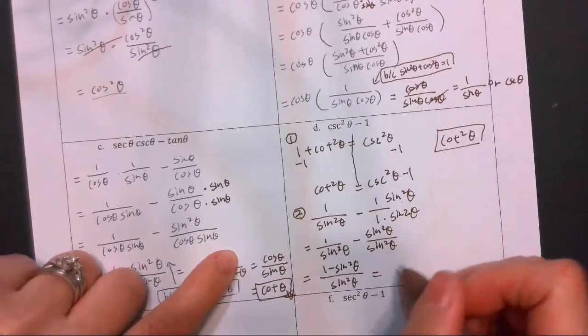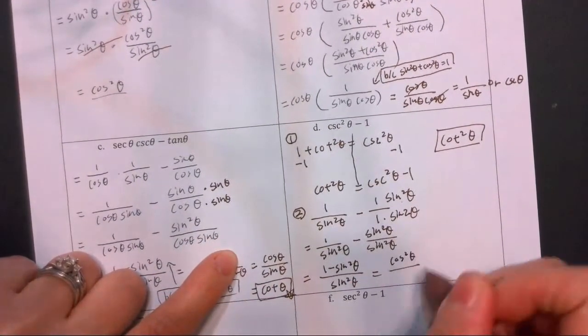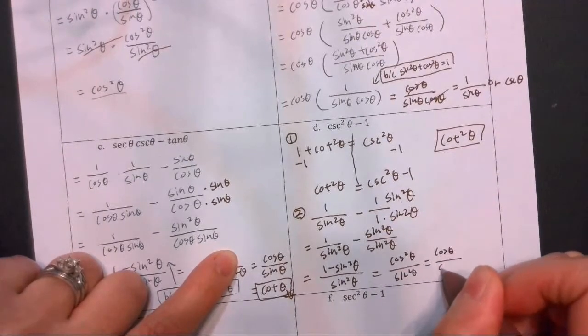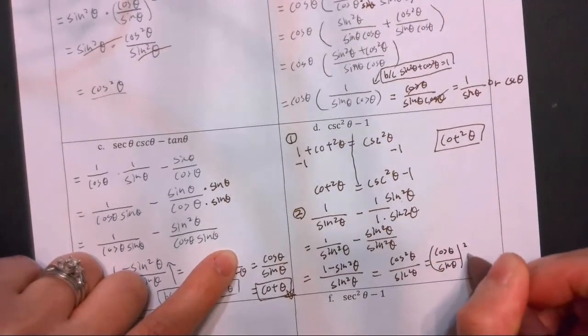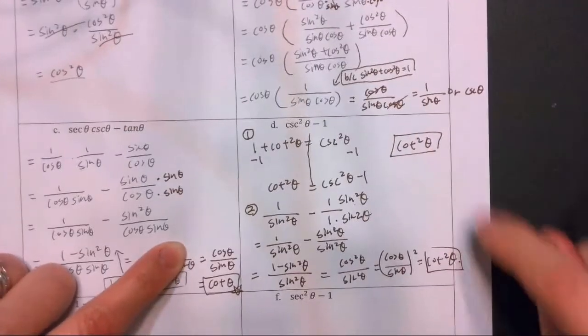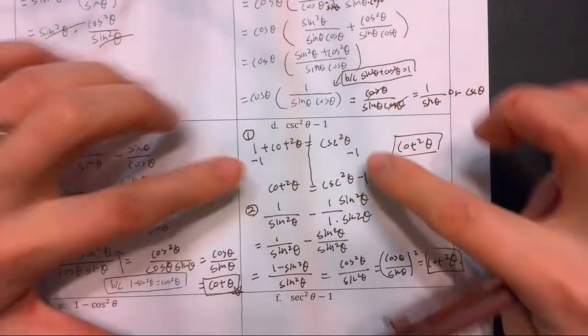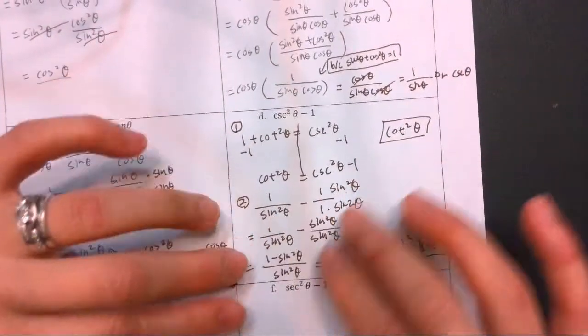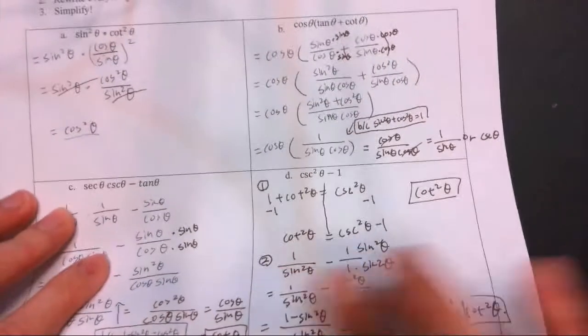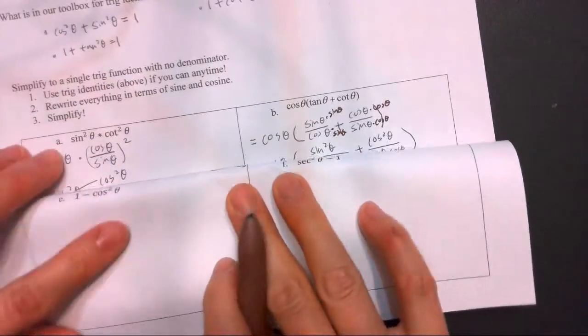Cosine squared theta. Cosine squared theta over sine squared theta, which is cosine over sine, everything being squared, which is cotangent squared. So either way, I get cotangent squared. If you forgot this trig identity, that's fine. You just have to do a little magic to get there. Cool? Alright, now I have 2 more questions.